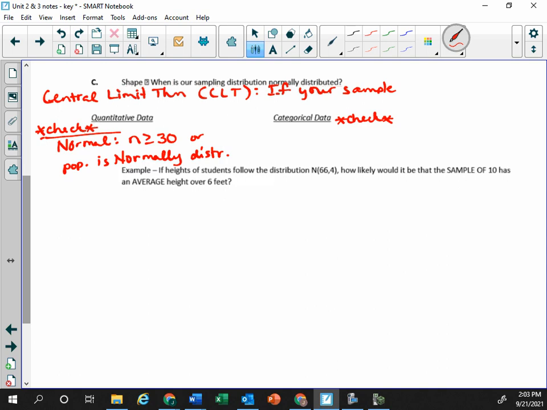The other thing that might happen is the problem might just tell you, hey, this is normally distributed, and then you're okay with that. But you do have to show, hey, I've checked this condition.